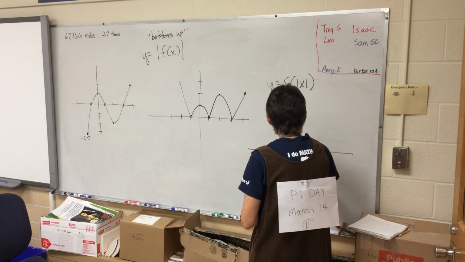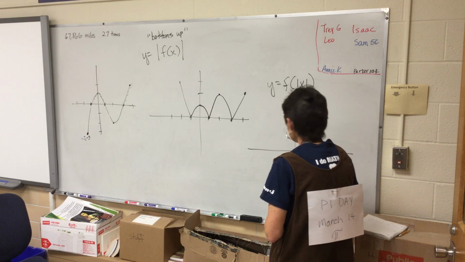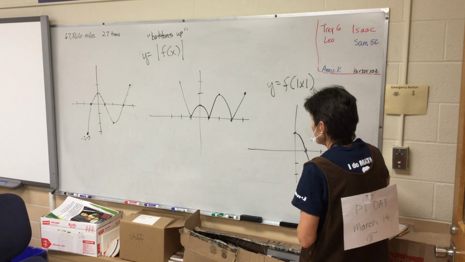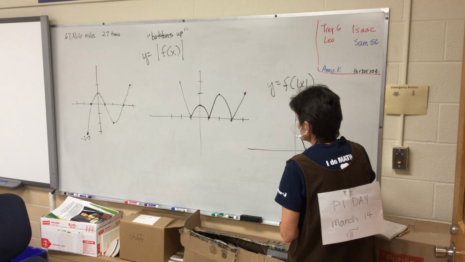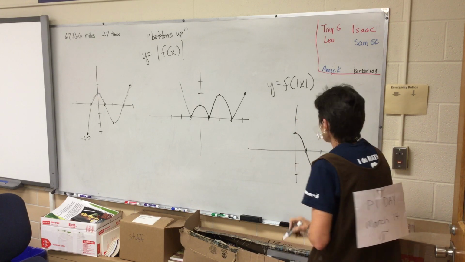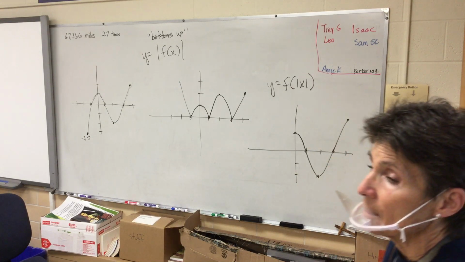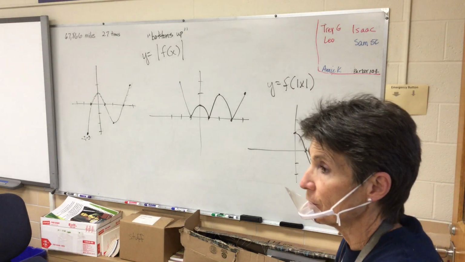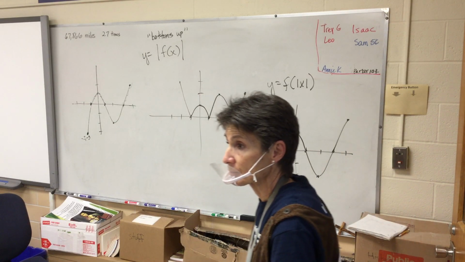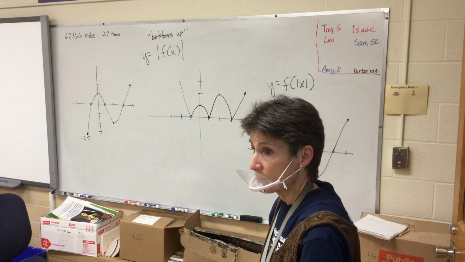So I'm just going to redraw my picture exactly as it is on the right side. So I'm redrawing the right side of my picture, which is where x is positive. Okay?